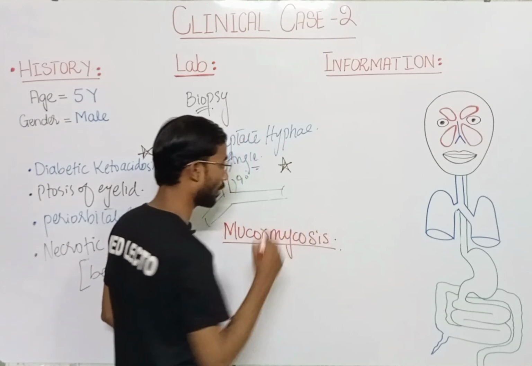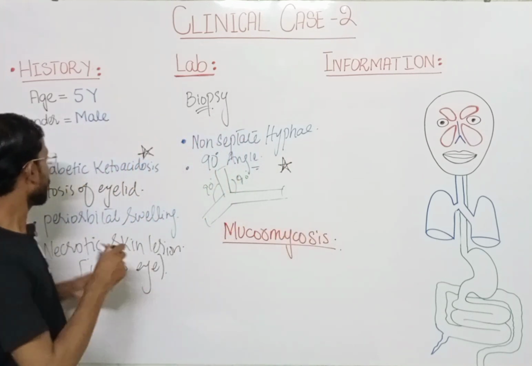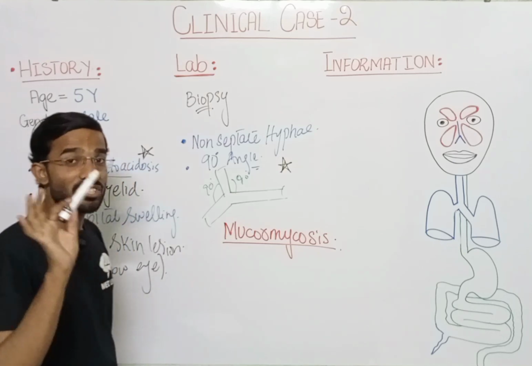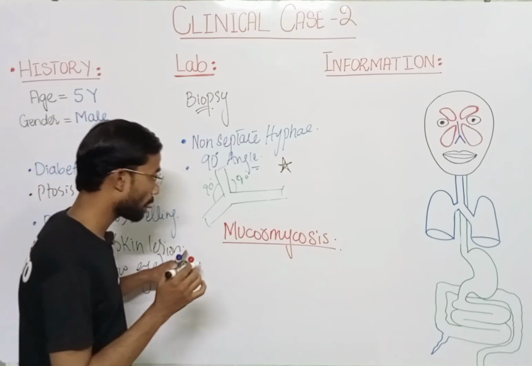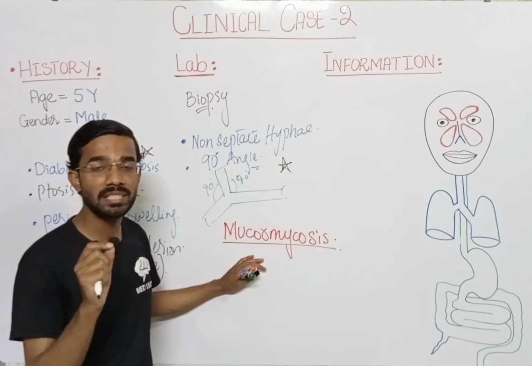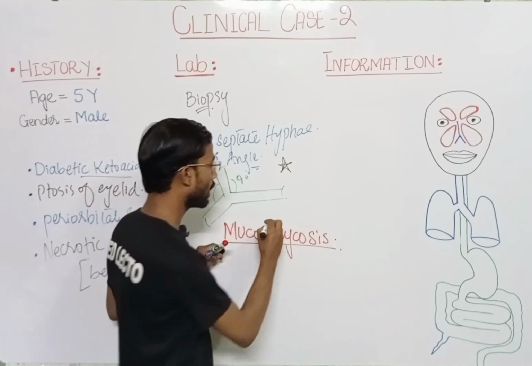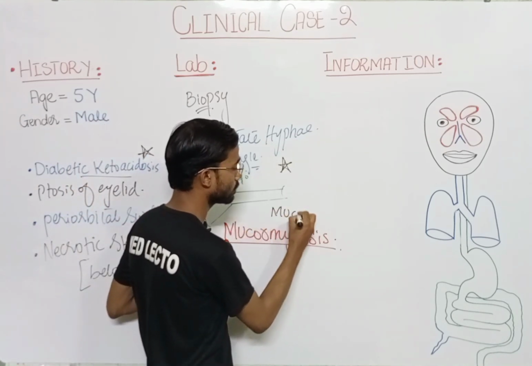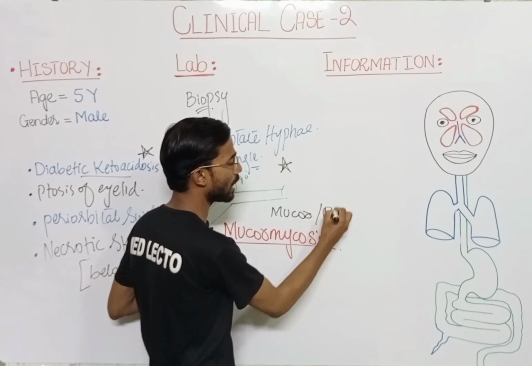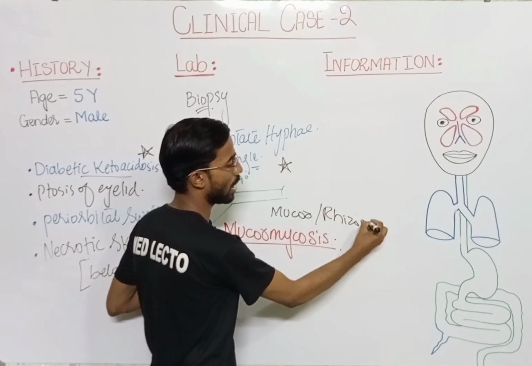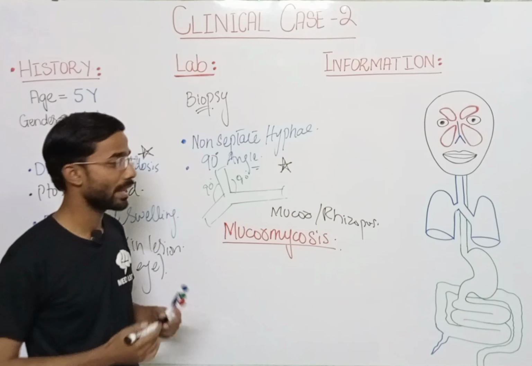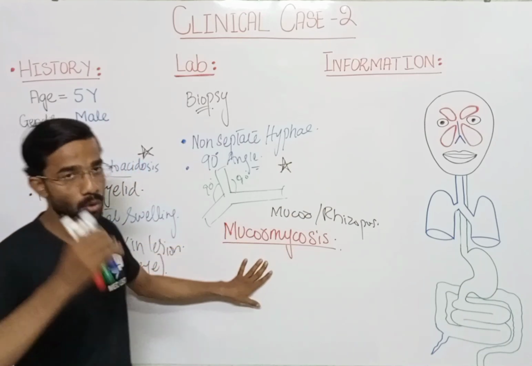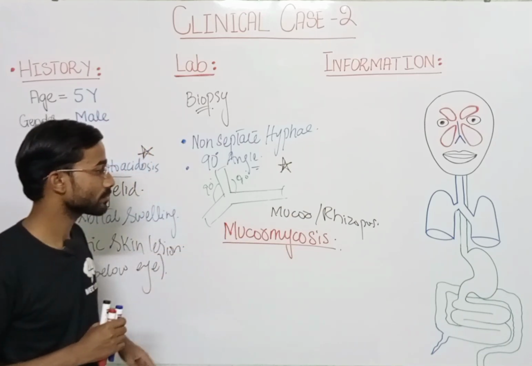Why? Diabetic ketoacidosis strengthens the condition because mucormycosis is a disease caused by fungi like Mucor, and other species like Rhizopus and Absidia, etc. That cause mucormycosis.